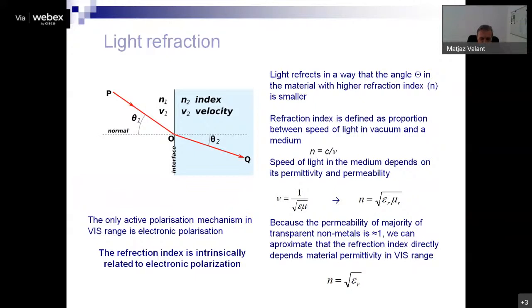Electronic polarization means that the electromagnetic field polarizes the electronic cloud versus the atomic nucleus. So the electronic cloud slightly moves against the atomic nucleus, and that is called electronic polarization. All other polarization mechanisms, which can also be present in the material, are not active due to the very fast frequency of the visible light.